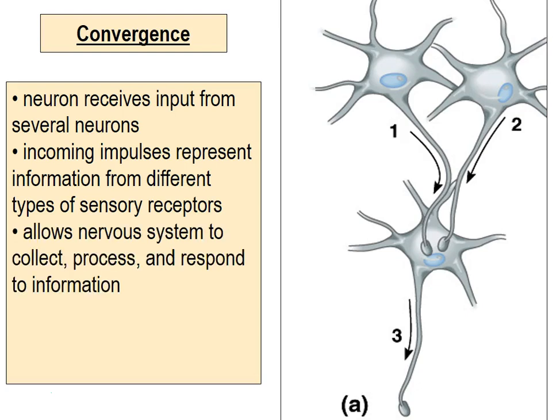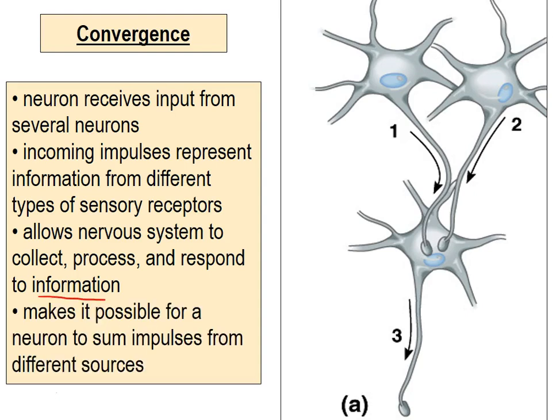This allows the nervous system to collect, process, and respond to all sorts of information, and makes it possible for a neuron to sum impulses from different sources. Realize that IPSPs and EPSPs are summed by the neuron that is receiving them from different neurons. So this is the phenomenon of convergence.